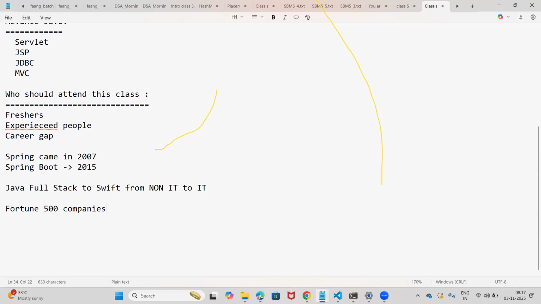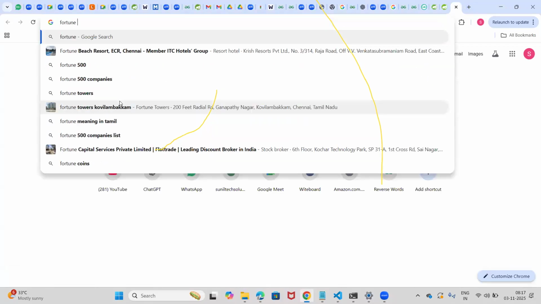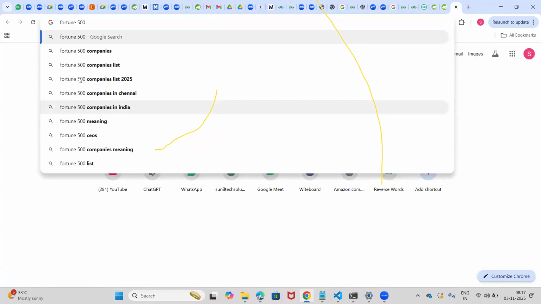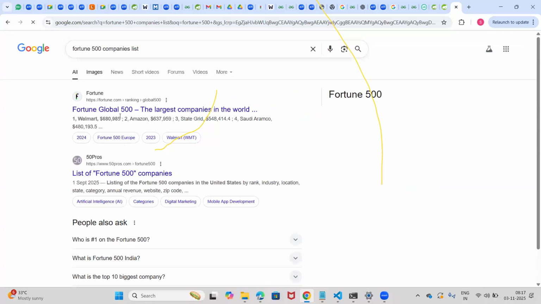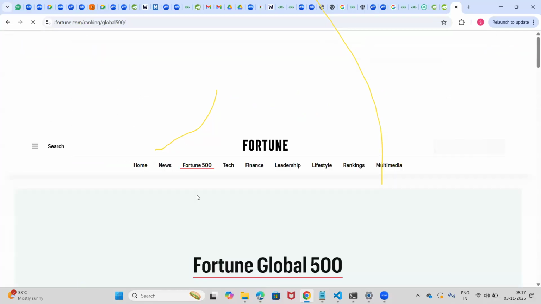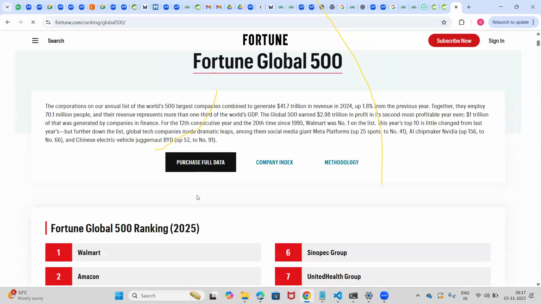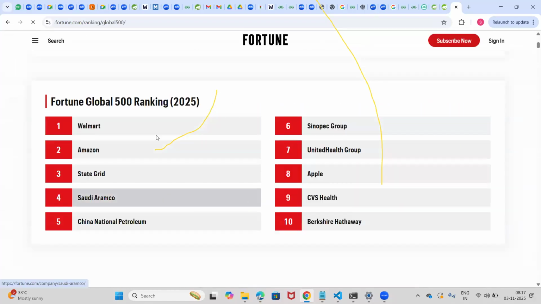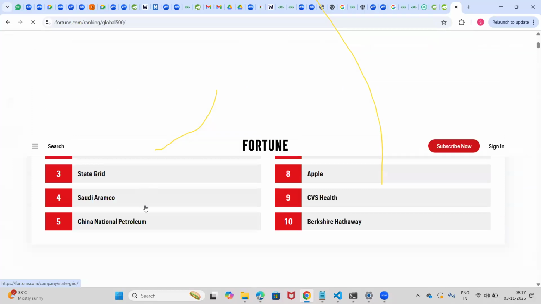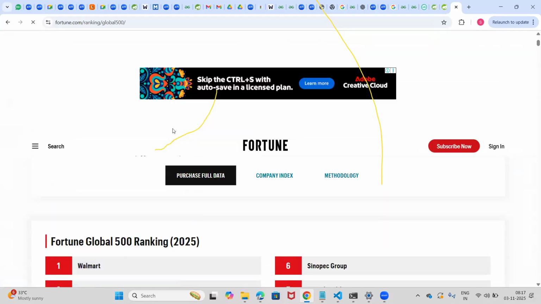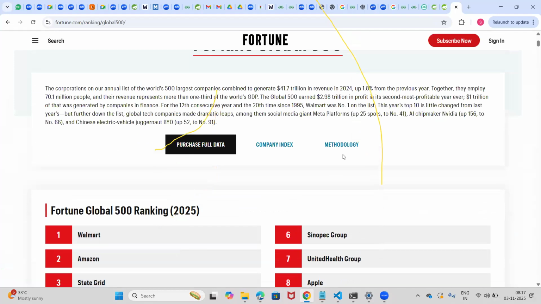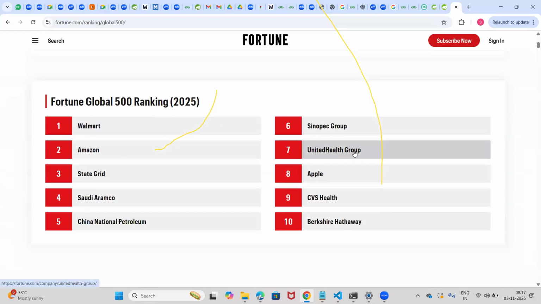See, you can go over there and see the Fortune 500 companies. First stands Walmart, Amazon, State Grid, like this. These rankings change from year to year, guys. This was my previous company, UHG, Optum. I worked there for 2 to 3 years.